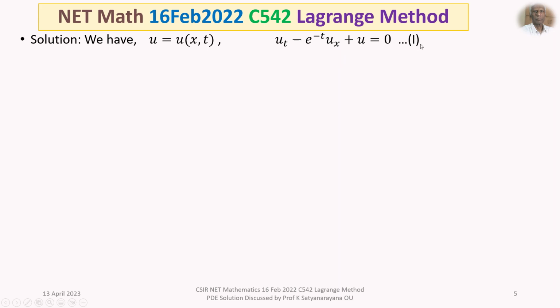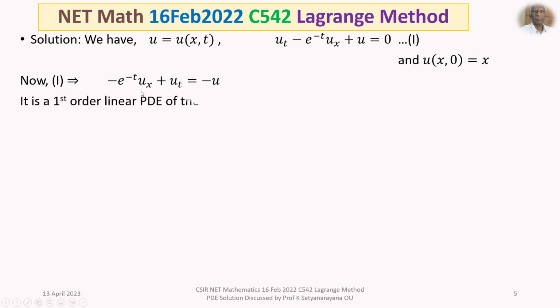Let's call this equation 1, with the boundary condition u at x comma 0 is equal to x. Equation 1 will imply we write it as minus e power minus t into u x plus u t is equal to minus u.